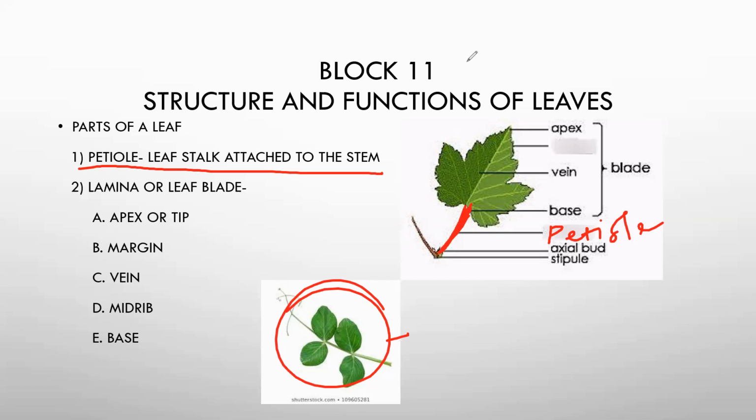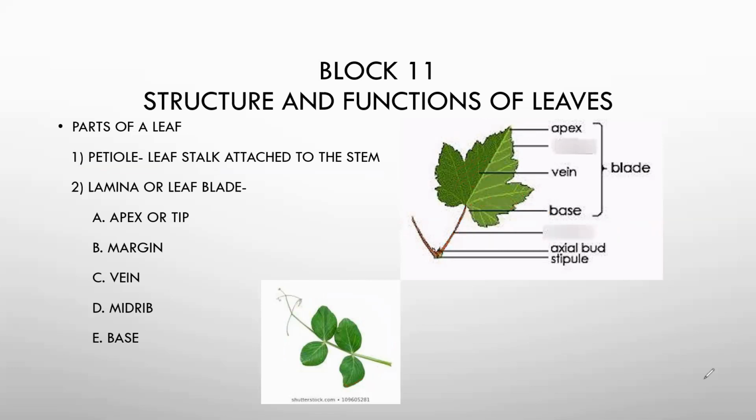Now coming to lamina or leaf blade. Your leaf blade will be this, the main part, the green part. That is your lamina or leaf blade. Now this part is divided into apex. Apex is nothing but the tip.